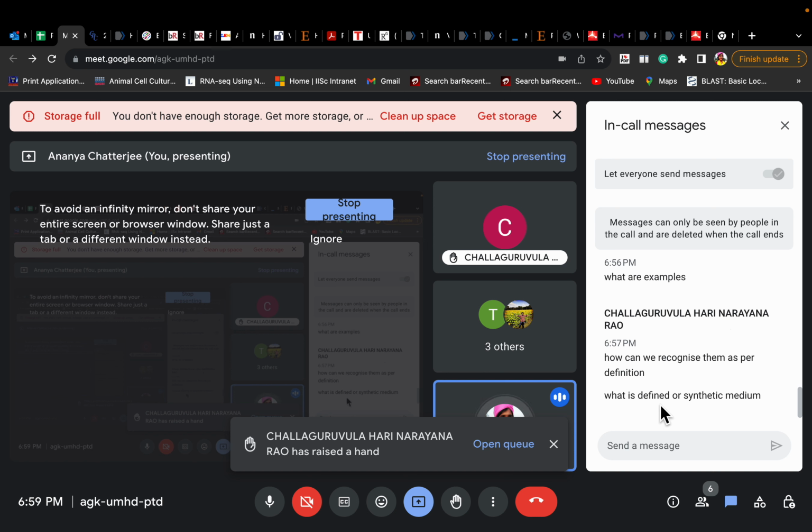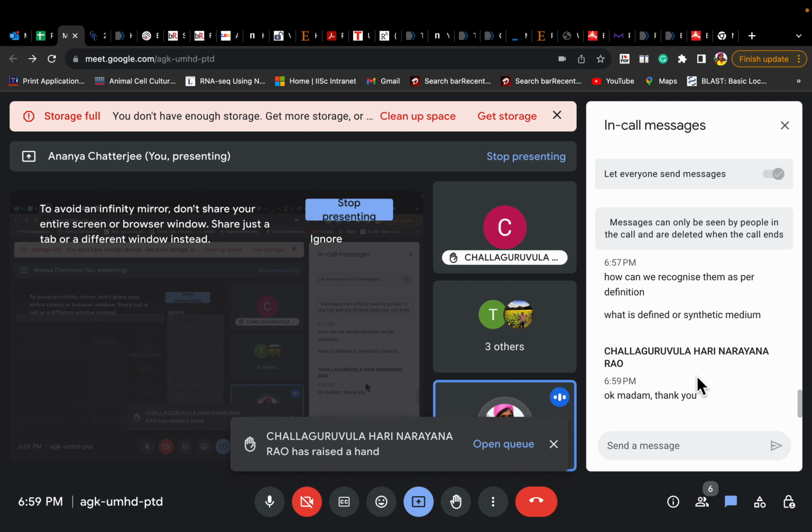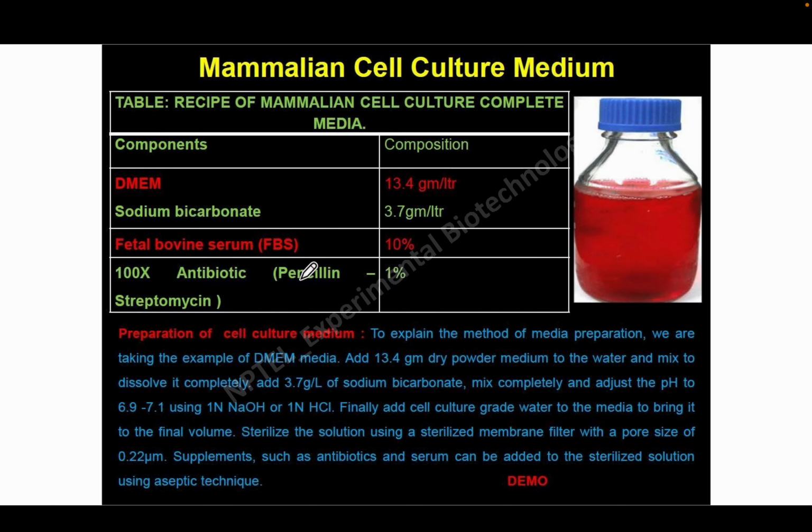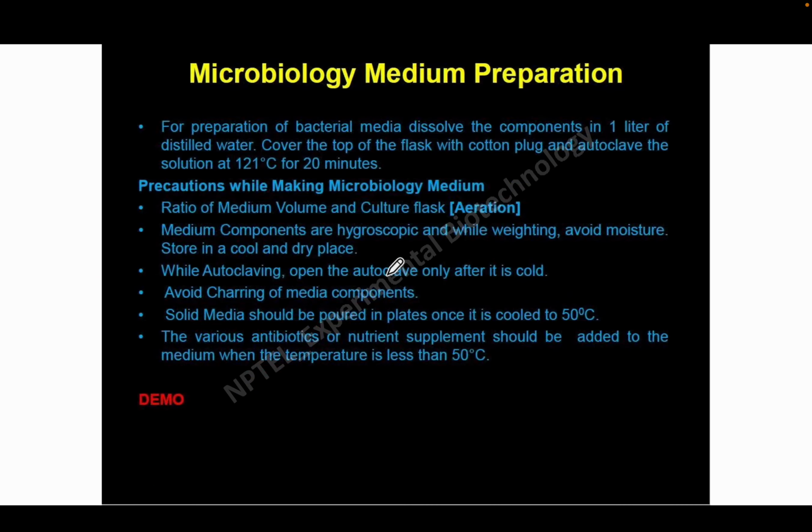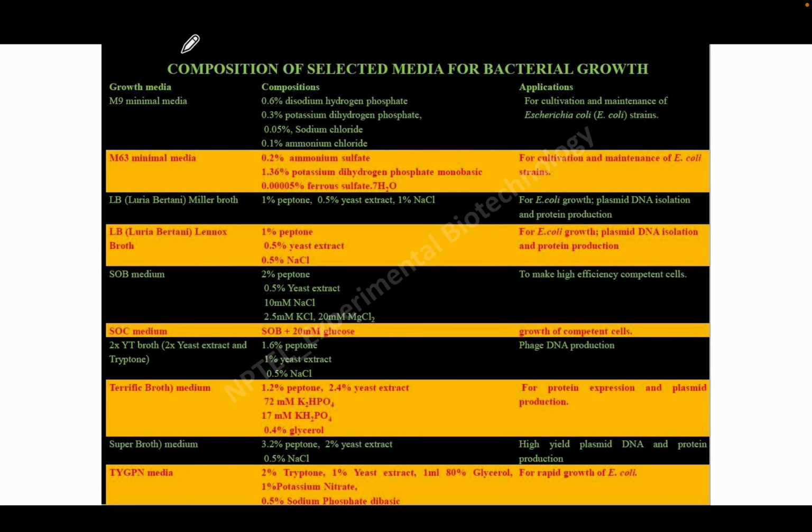Defined means the composition you are sure of, you can synthesize those media, so that is why it's called defined or synthetic media. So those all are examples of synthetic or defined media, because you have those compositions written out.